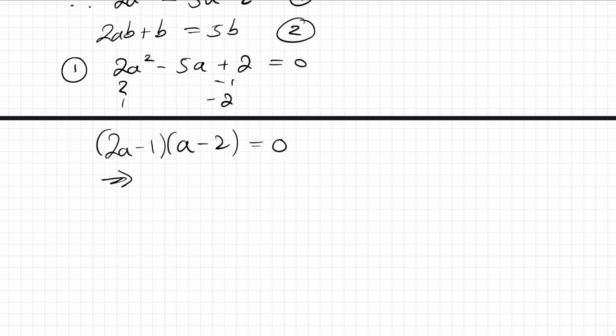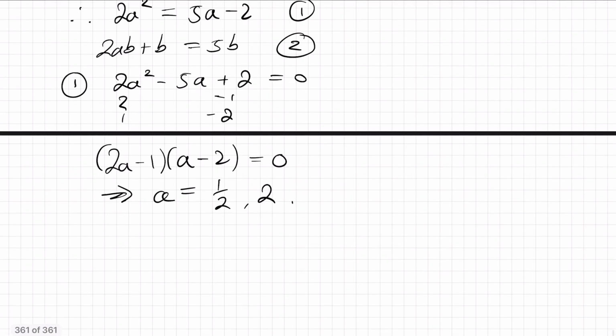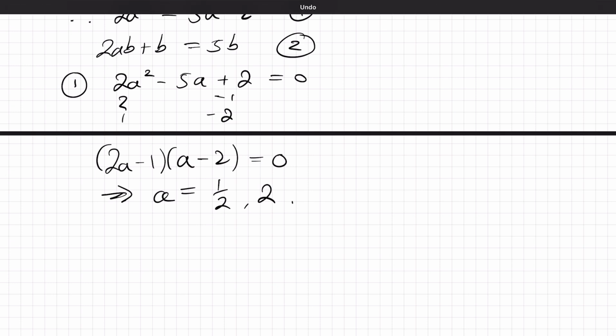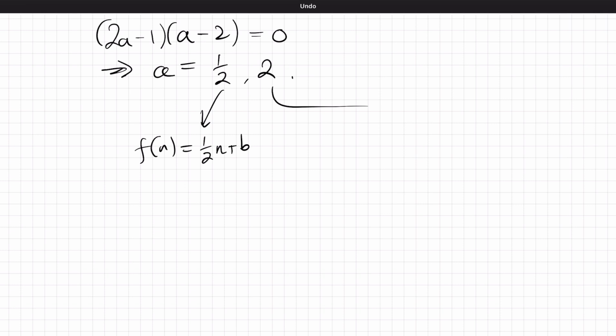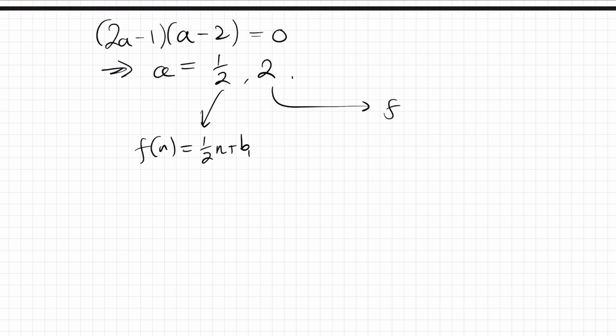And that tells us that a is either equal to a half or 2. Okay, that's good. So now you'll notice if a was a half, our function would look like this, and if a was 2, our function, we'll call this b1 and b2, would look like this.